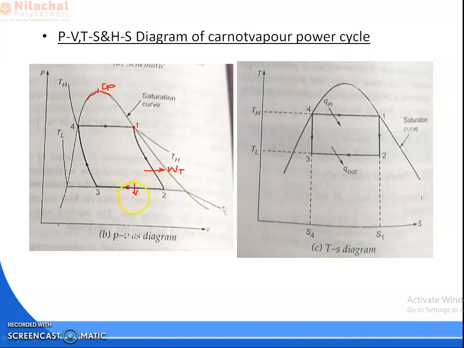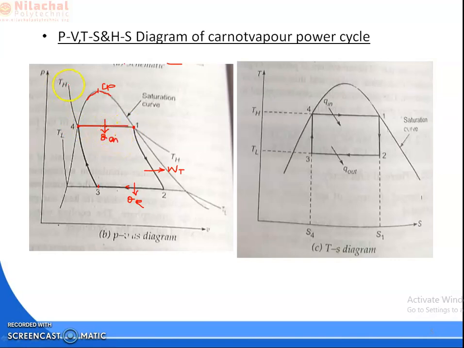So in 2 to 3, some of the heat will be rejected. After controlled condensation, it becomes wet steam, and this wet steam is sent to the compressor, where it will be compressed and becomes saturated liquid. This saturated liquid will be sent again to the boiler, where we can add the heat Q in.